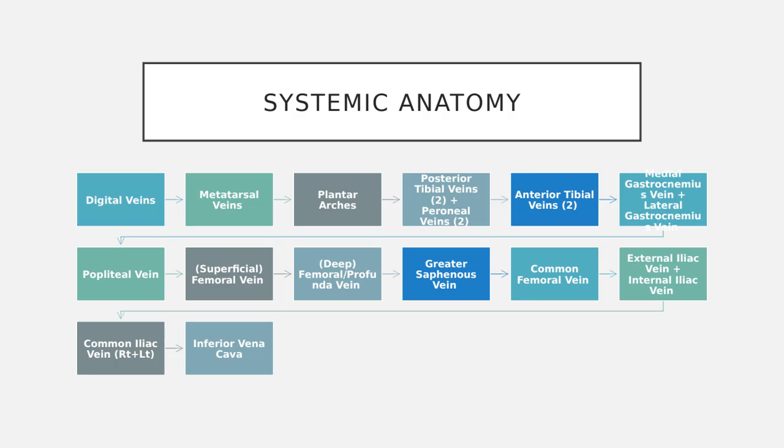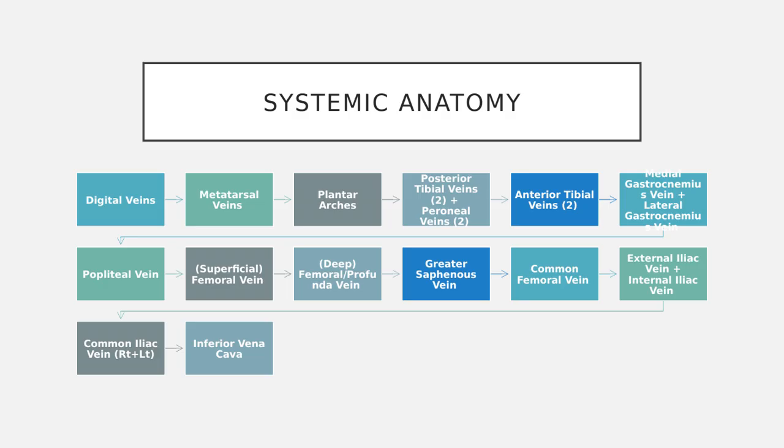Now, in addition to those calf veins, which we typically consider deep veins, we also have these highly questionable veins. There's varying literature on whether or not the gastroc veins, or the gastrocnemius veins, are considered deep or superficial veins.